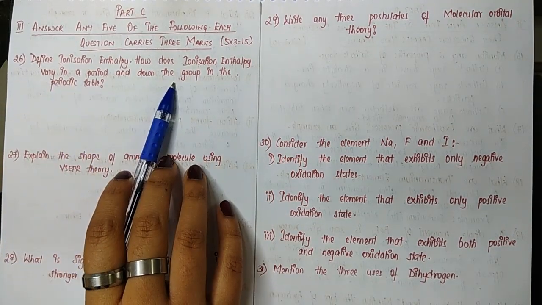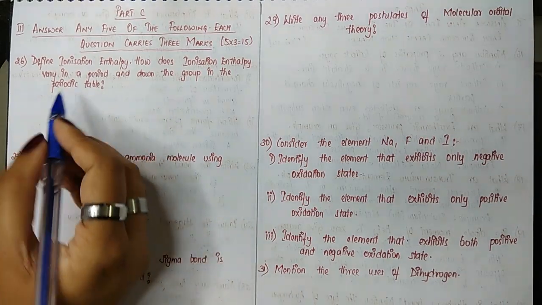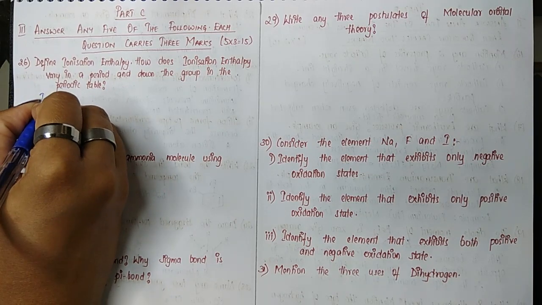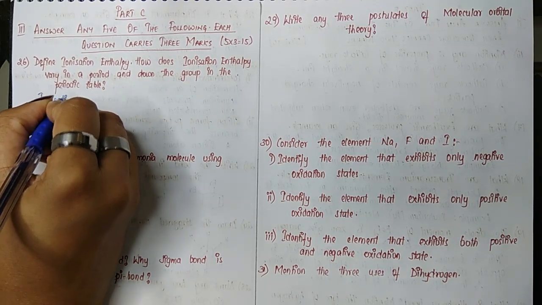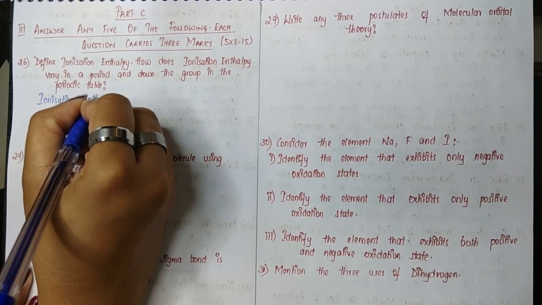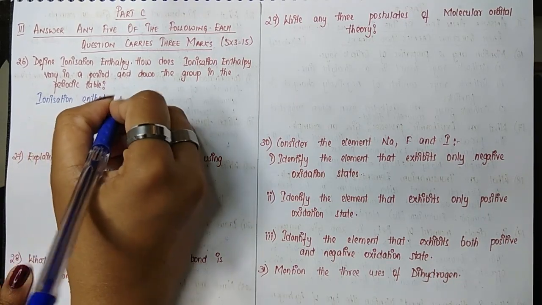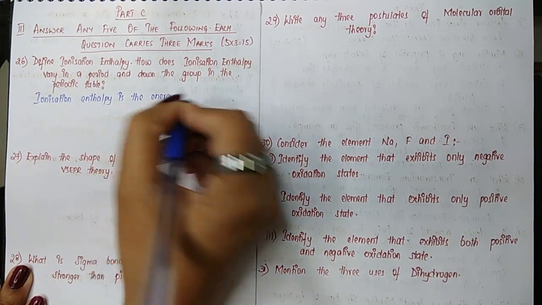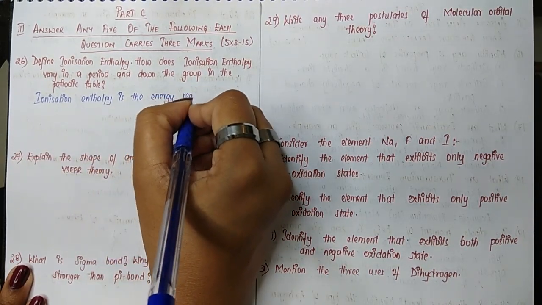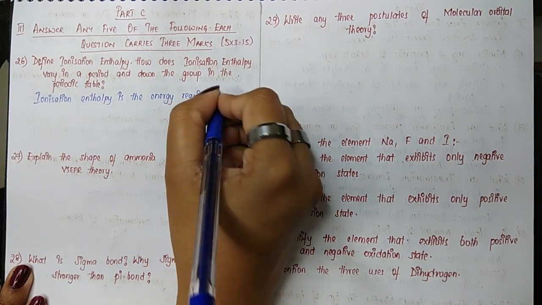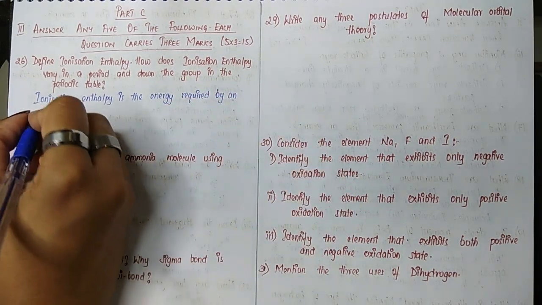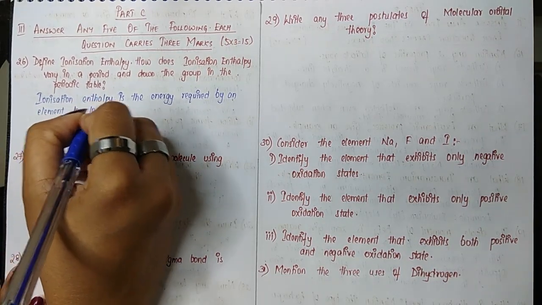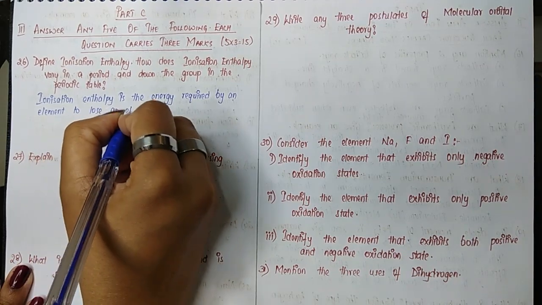So let's answer this question number 26. So here we can write that ionization enthalpy is the energy required by an element to lose an electron.